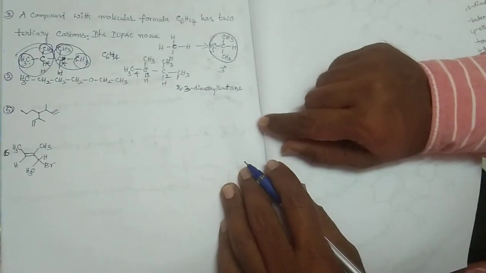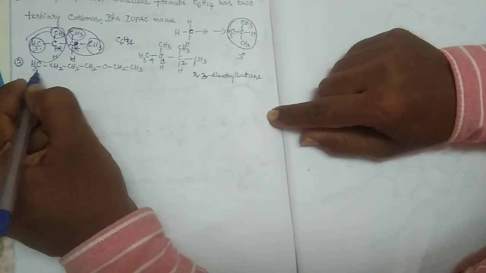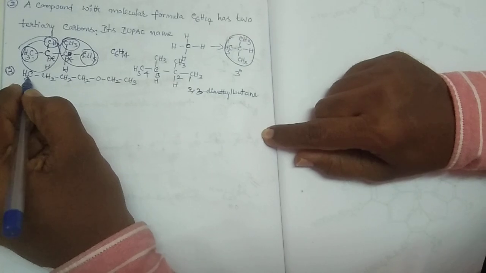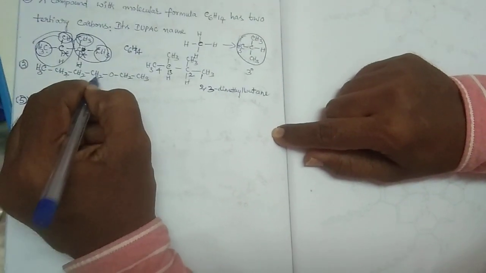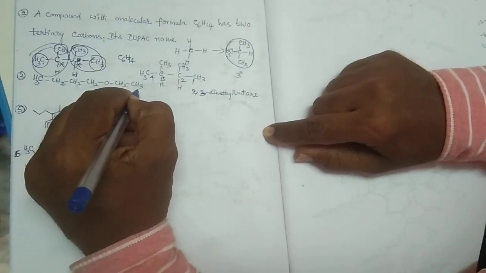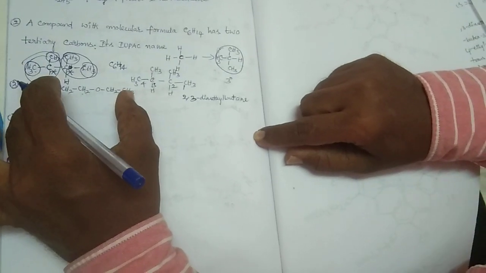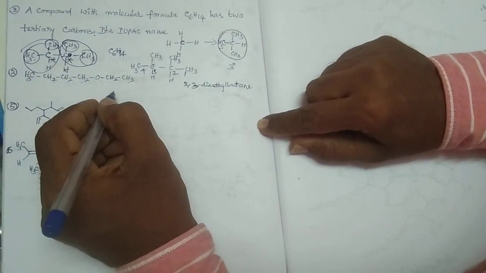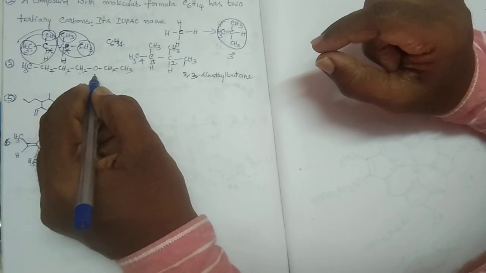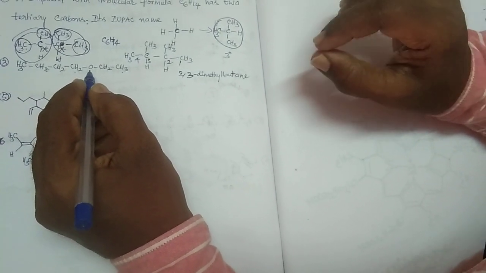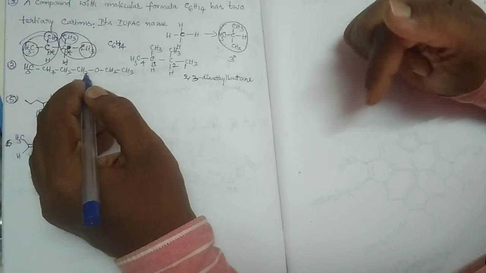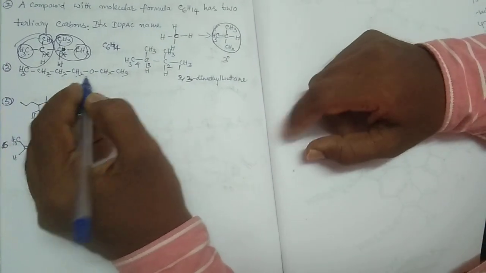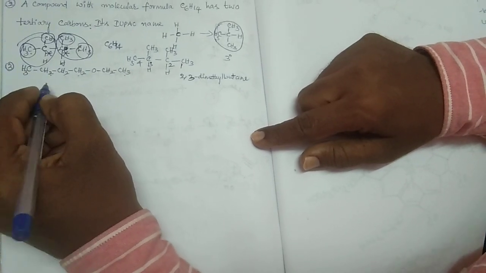Okay. So another question you can see here, there is CH3, CH2, CH2, CH2, O, CH2, CH3. So this is called an ether. To give the IUPAC name, you have to select the longest carbon chain as the parent chain and the smallest carbon chain you have to treat as a substituent.